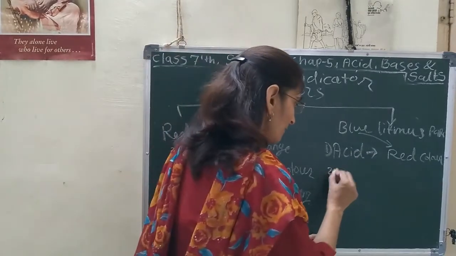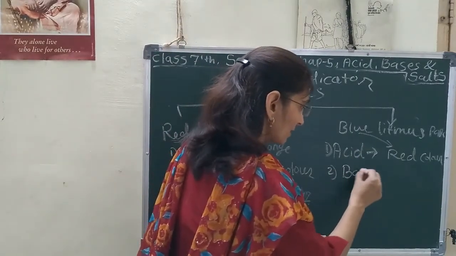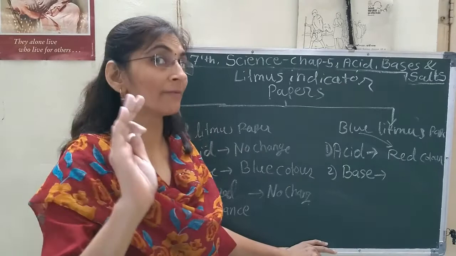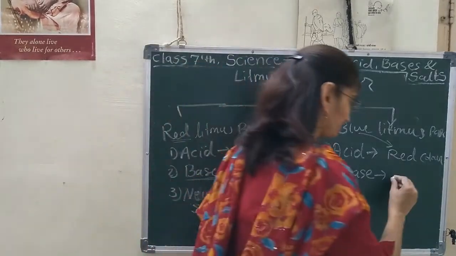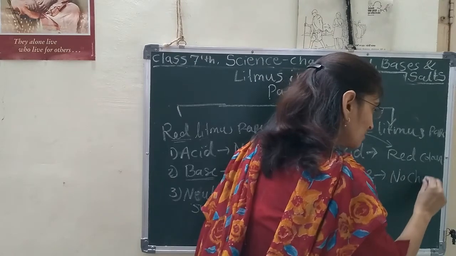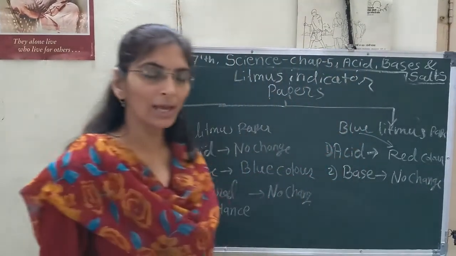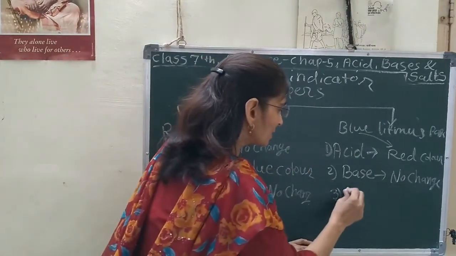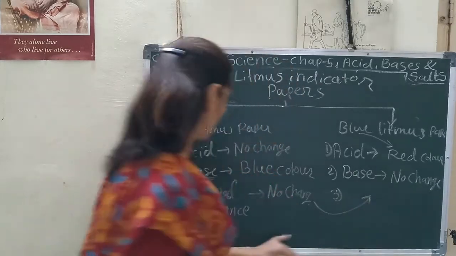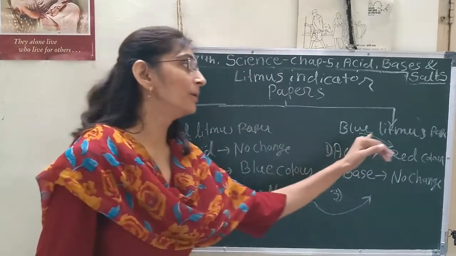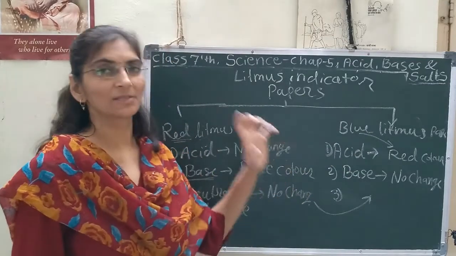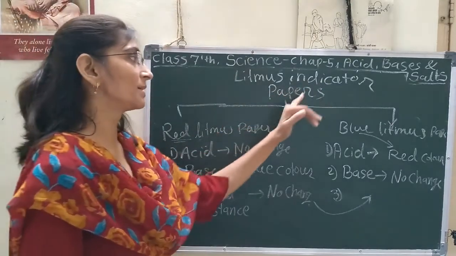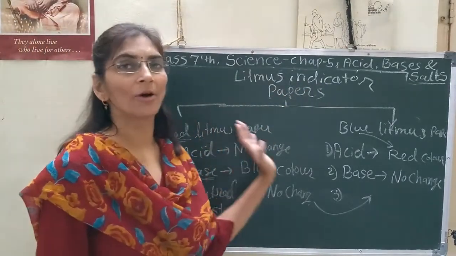And when base reacts with blue litmus paper, there will be no change in color. Same with neutral substances, there will be no change of blue litmus paper, which means no reaction takes place. So this was about the litmus indicator in the form of liquid and in the form of litmus papers.